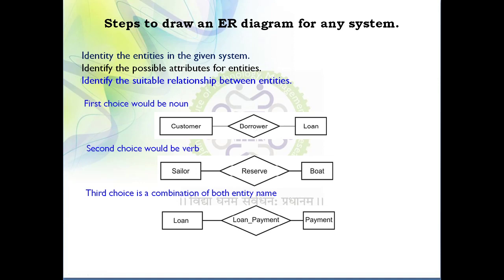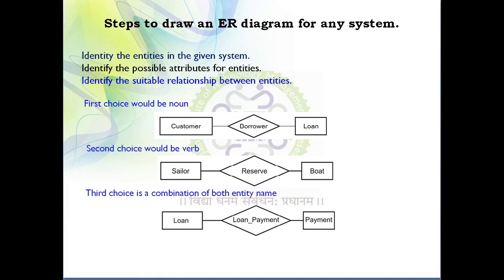Yes, the customer who takes a loan is called a borrower. So in this case a sufficient noun is available, that's why I have taken borrower. How can you read this? Customer, borrower, loan. I will create one customer table, a borrower table, as well as the loan table. So I have taken borrower as the name of the relationship because it is available.